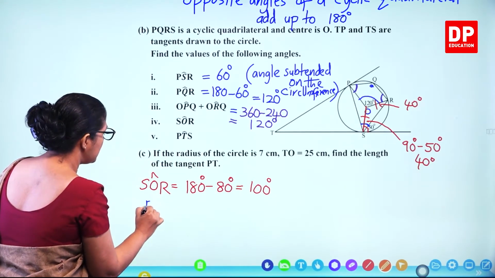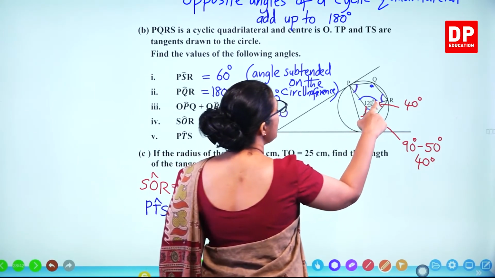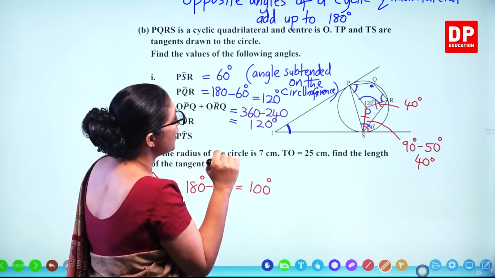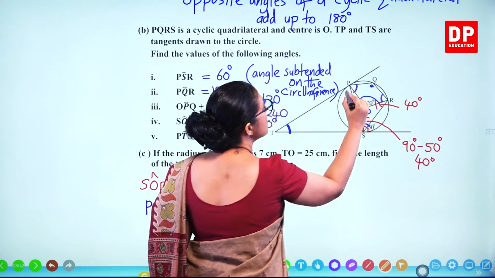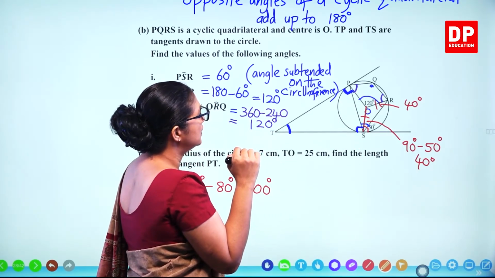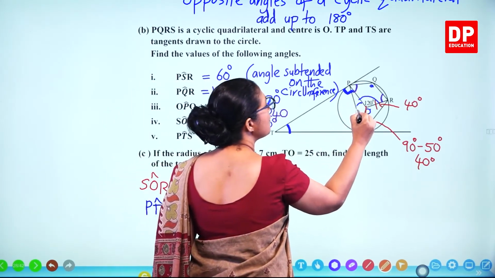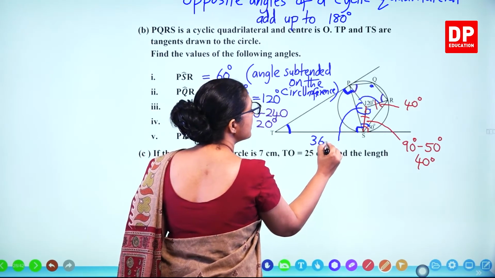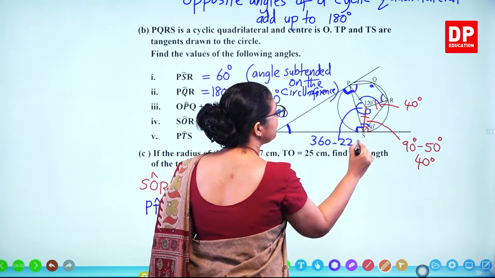PTS, now PTS, where's PTS? Now we need this angle. How can we find out that one? This is 90. This is also 90. Tangent and the radius. We found this angle is 100. So easily you can find out this side angle. So what's that? 360 minus 120 and 100? 220.